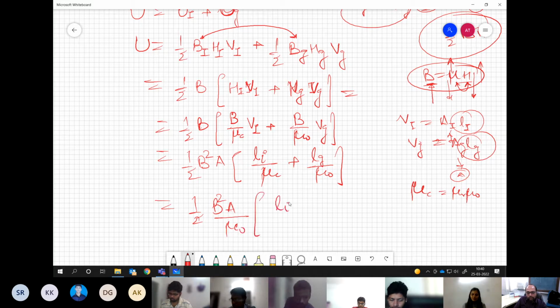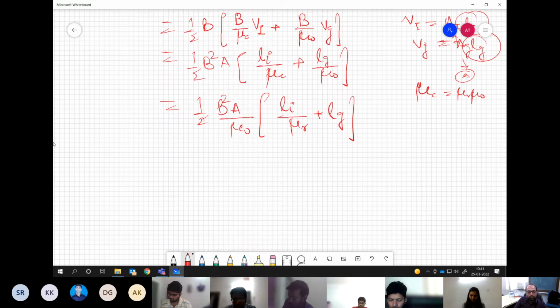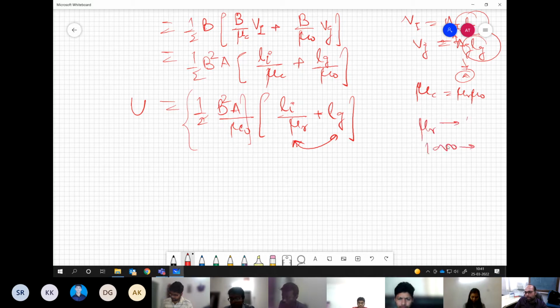And what we will be remaining with is Li by mu R plus Lg. So this is the proportion of energy which is distributed in the two parts. You see this proportion, this is a common factor. Now mu R is something which is of the order of say 1000 to 4000.